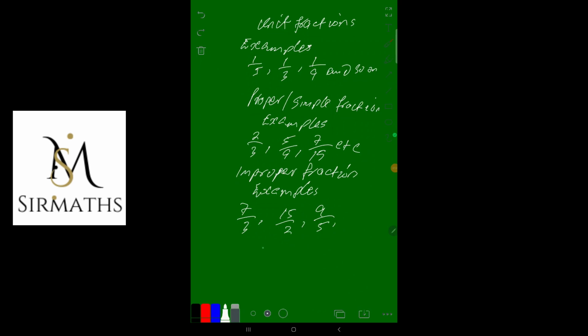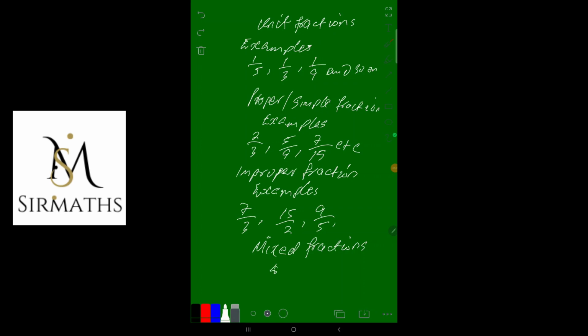We also have mixed fraction. Mixed fractions are fractions that have a whole number with a simple fraction. In other words, a mixed fraction has two parts, a whole number and a fraction summed together.